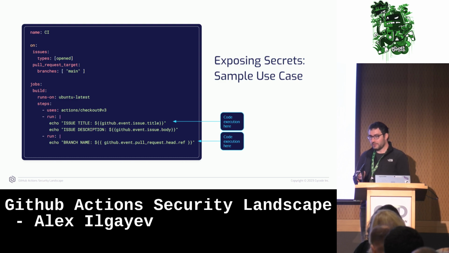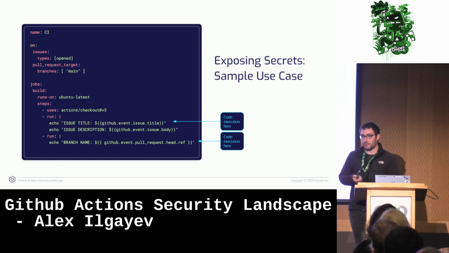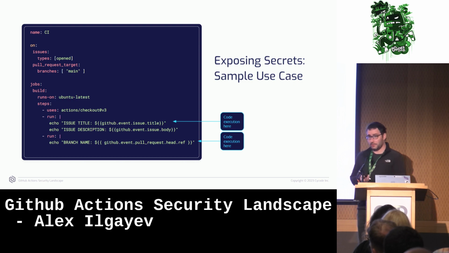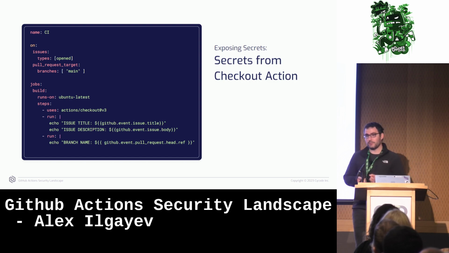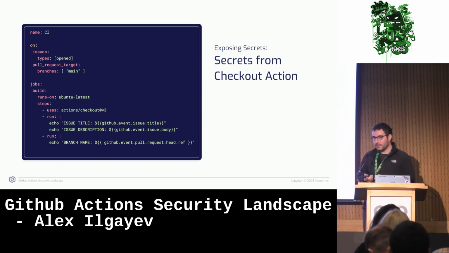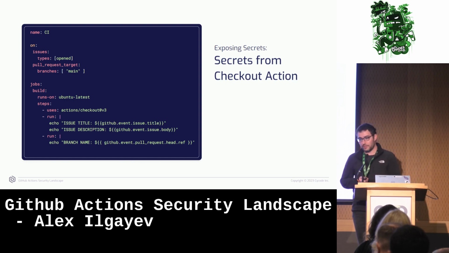You could ask yourself, this GitHub token, where could I get it? I don't see it anywhere in the workflow. But it's quite subtle: whenever I run the checkout command, it automatically sends, by default, this GitHub token to download the repository.